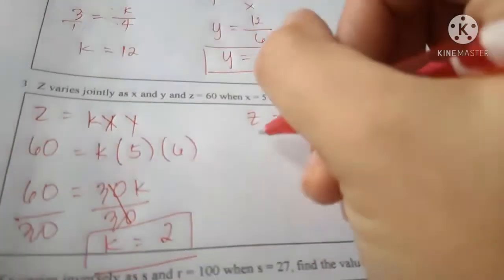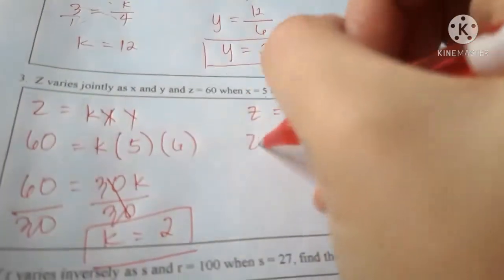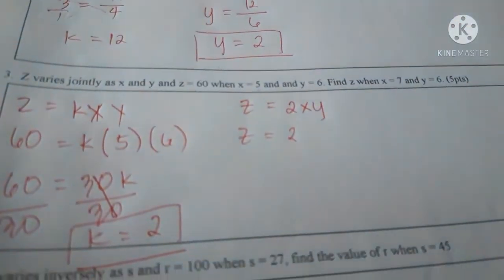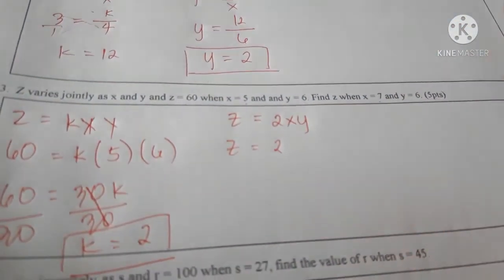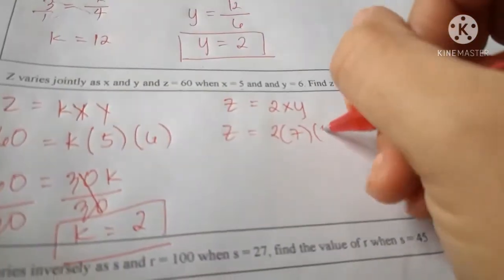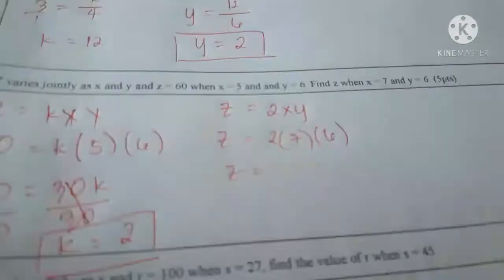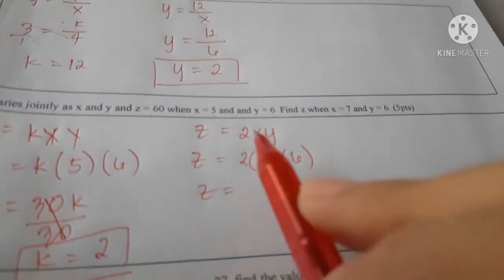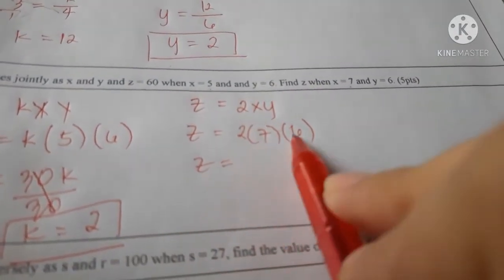Okay? So, substitute. Z is equal to 2 times ano ang second given sang x? 7 times ang second given nga y, which is 6.